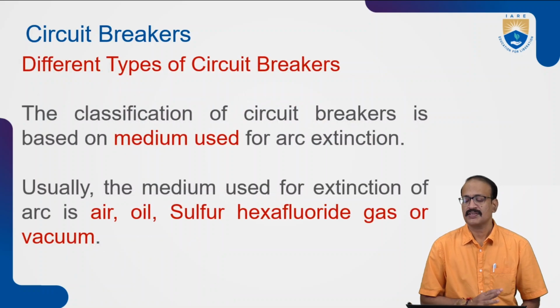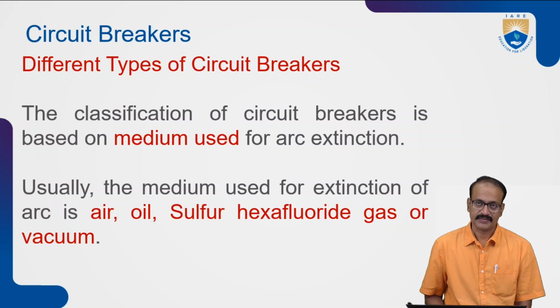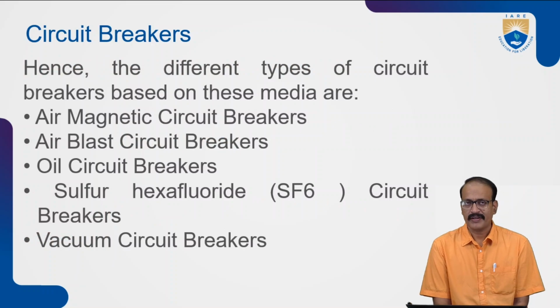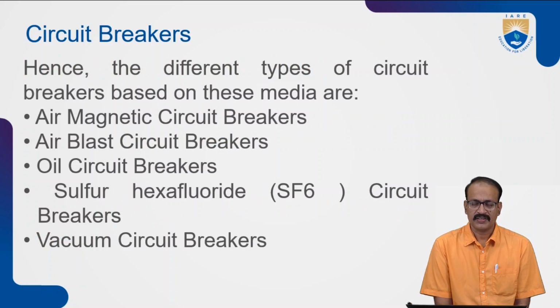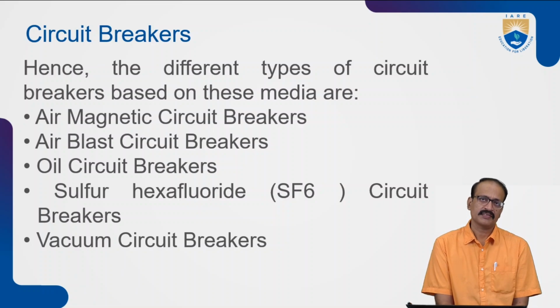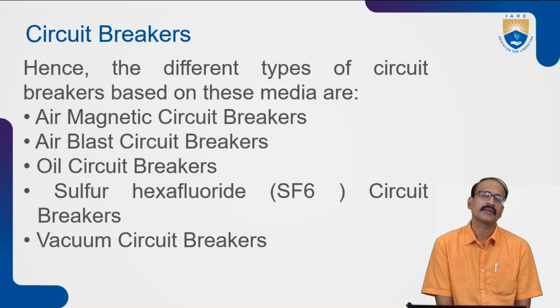So today we'll discuss what the different circuit breakers are, what the advantages and disadvantages of these circuit breakers are, and what the uniqueness of each one is when compared to another circuit breaker.